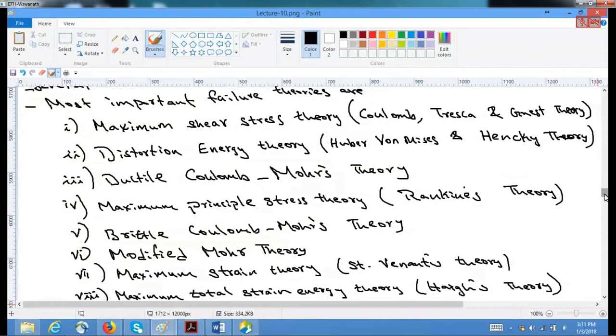There is a small window of applicability for each and every theory. That's the reason several theories have evolved in the literature, and we need to know the limitations of the theory and its applicability for a given material and the given loading conditions.